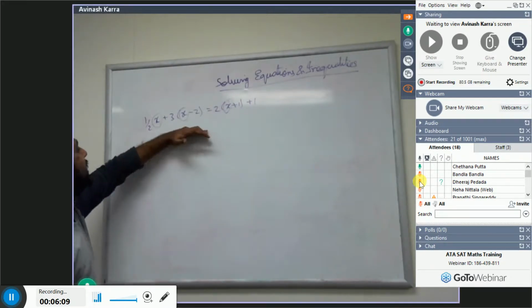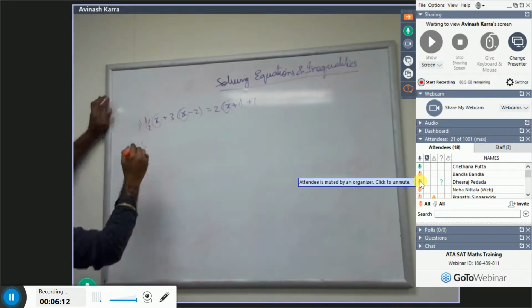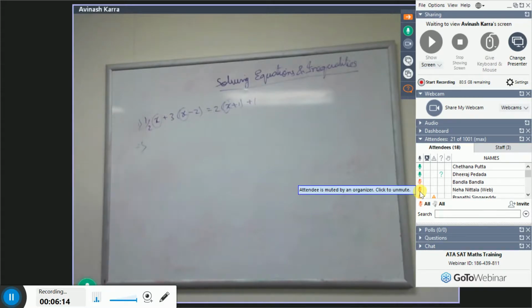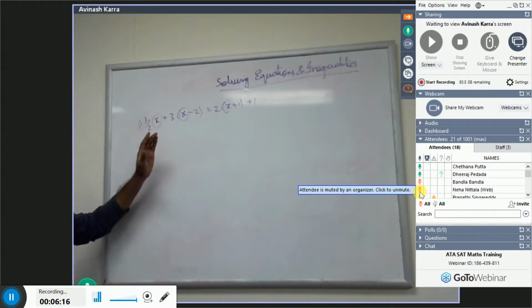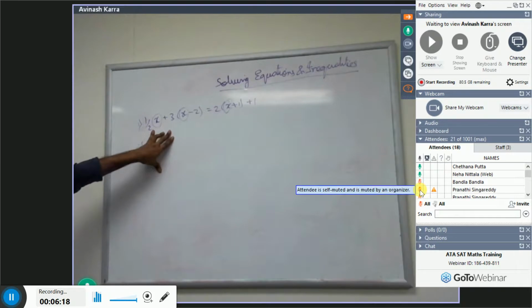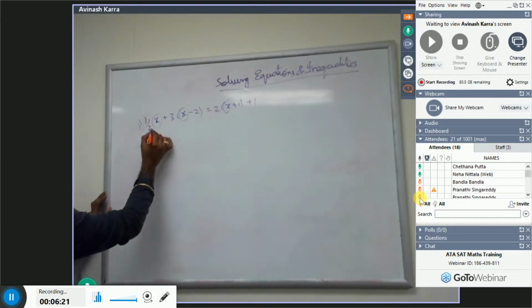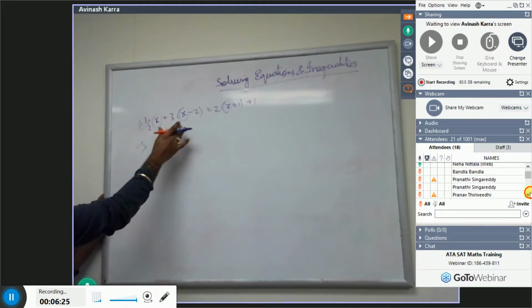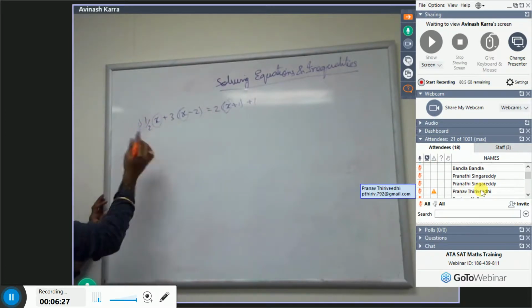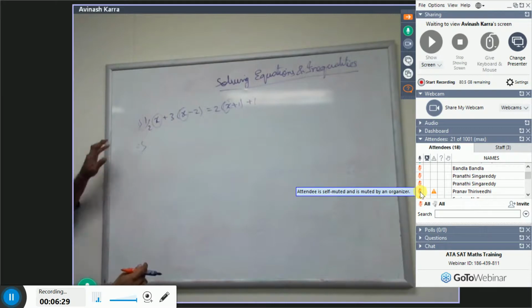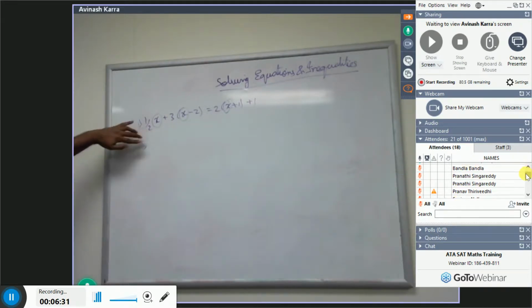To solve an expression like this, you can see there are 6 steps given in the textbook to follow to solve the given equation, and we need to find the value of x. So to find the value of x, according to the first step in the textbook, what he says is: get rid of the factors and the denominators.